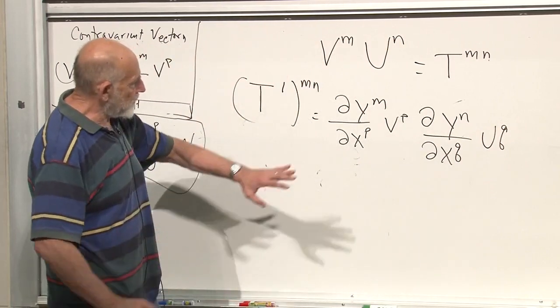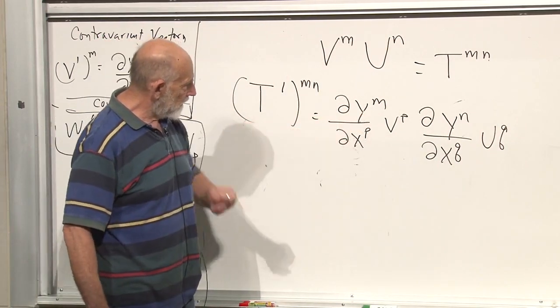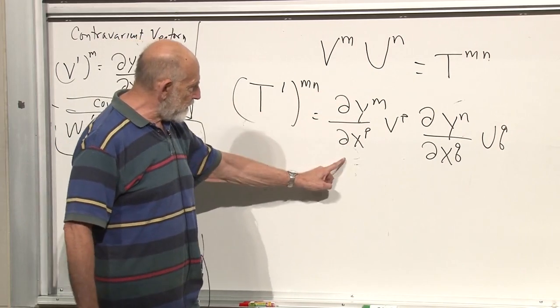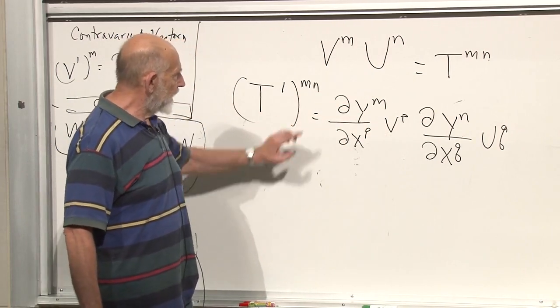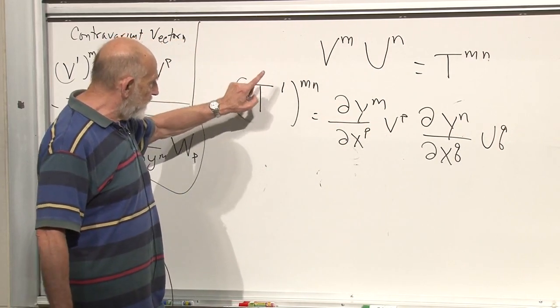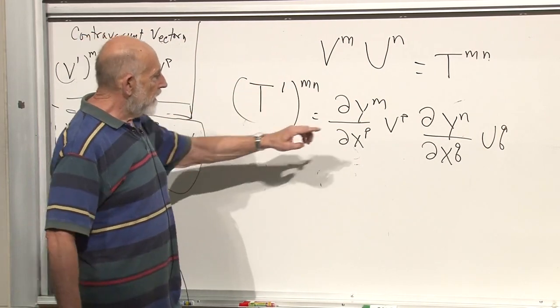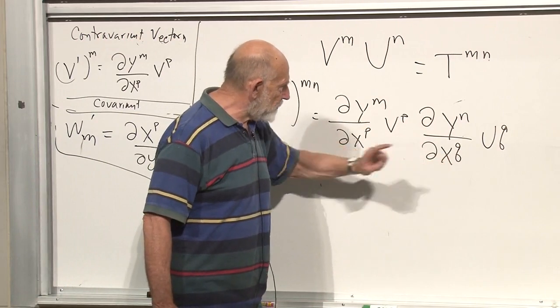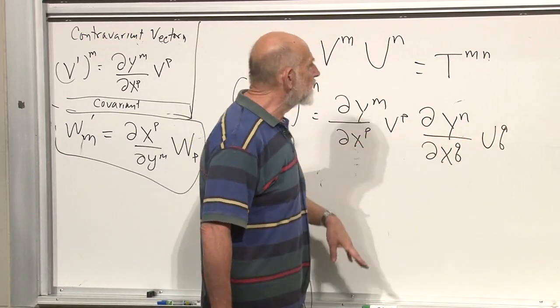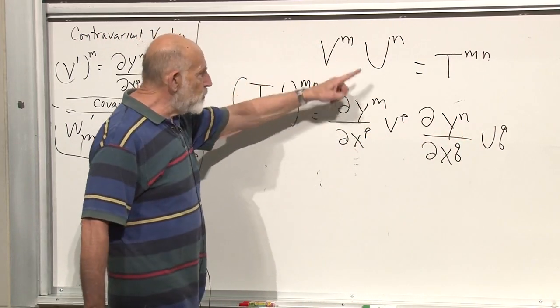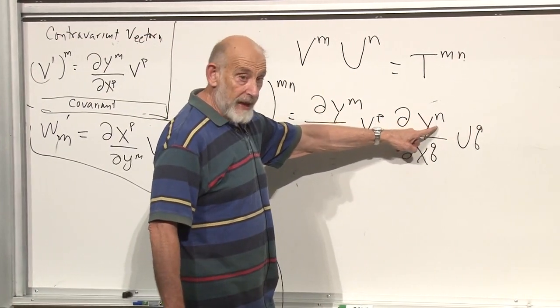Just look at the two pieces separately. The dy^m by dx^p times V^p, that's V prime m. The dy^n by dx^q times U^q, that is U prime n.